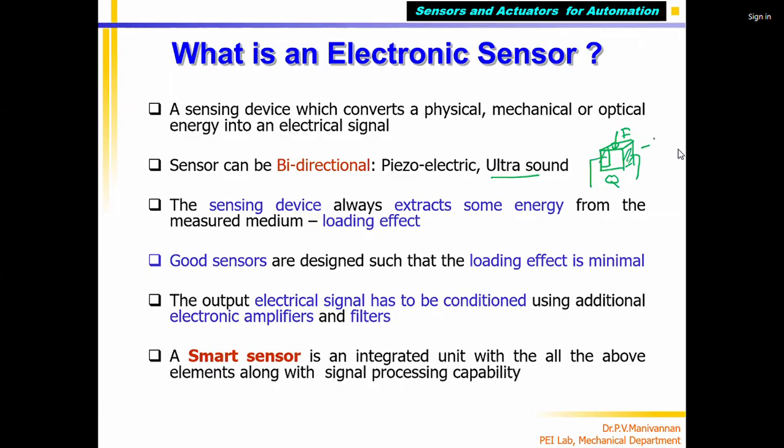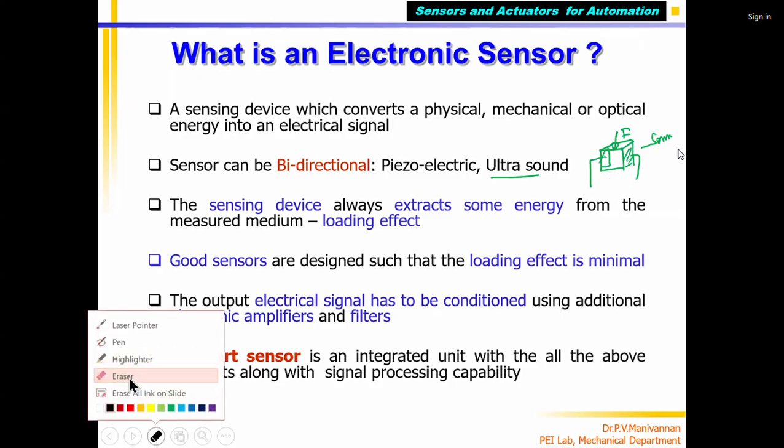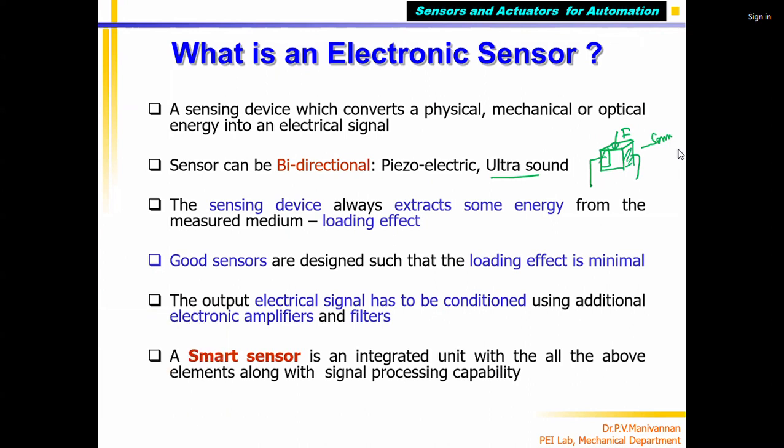In this case, it is used as a sensor. Instead of that, what we can do is apply an electric field, an electrical voltage, for example 100 volts or 50 volts, whatever it may be, across this face, without applying force.